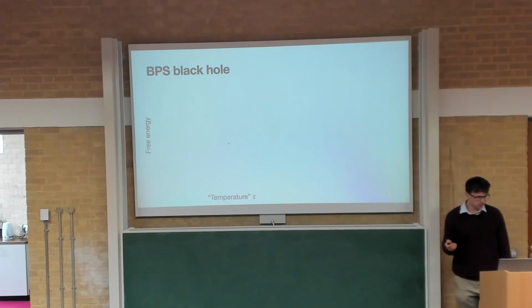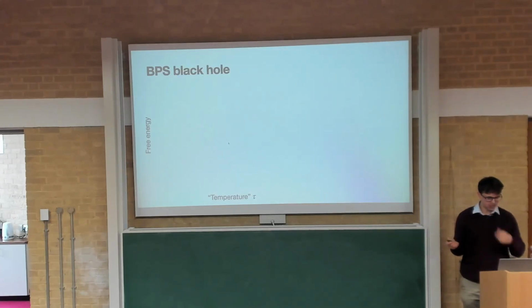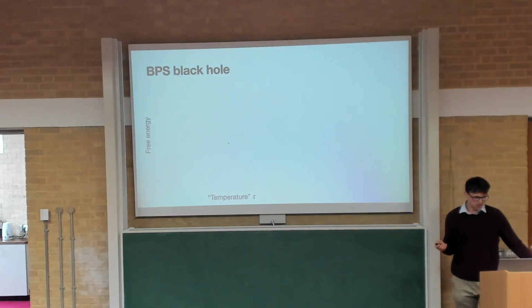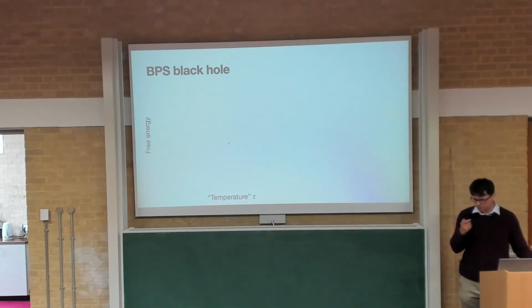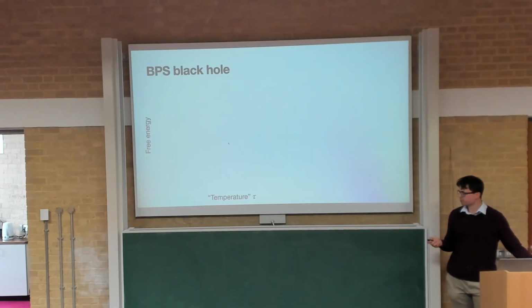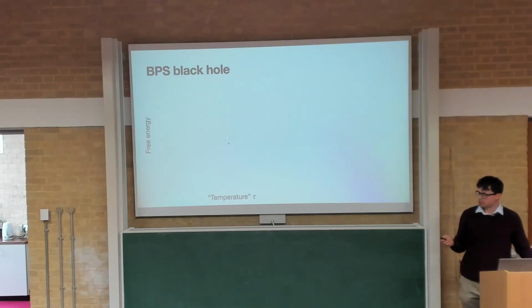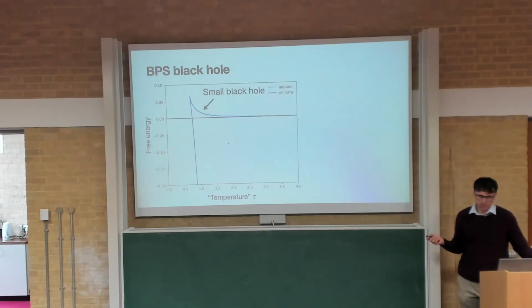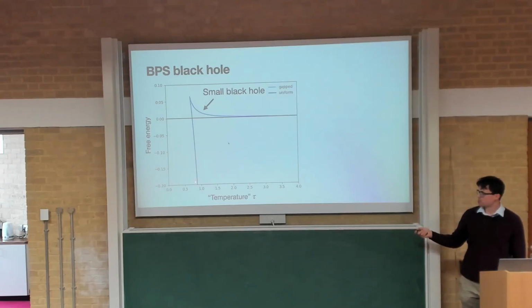Then we performed this calculation to see what kind of thermodynamic phase diagram the index would give us, and it gave this. The gapped phase corresponds not just to the large black hole, but also describes the black hole past the cusp and all the way down to the very small black hole limit at infinite temperature.